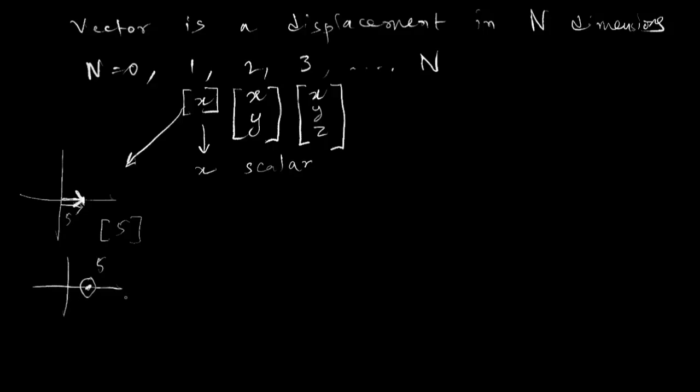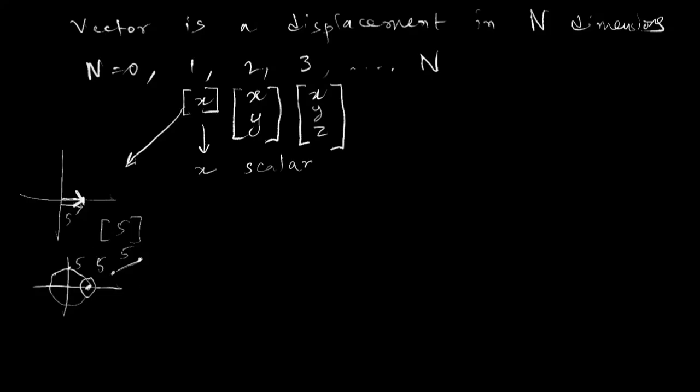It's a magnitude on this line. It has nothing to do with direction. It can be a magnitude here as well, so essentially it can be a point anywhere with respect to any starting point. If the starting point is here, this 5 can represent a distance from this point to that point. That's why a scalar essentially has nothing to do with directionality.